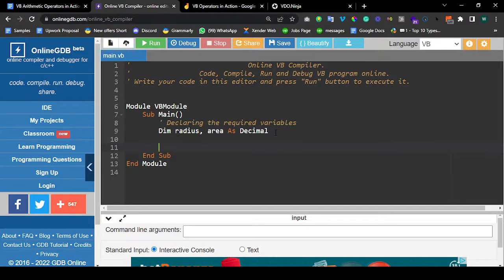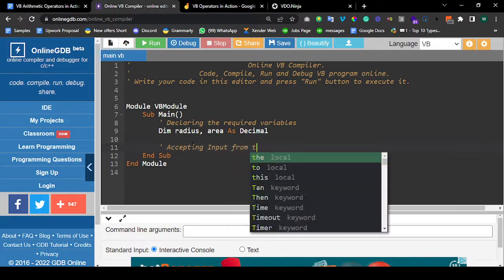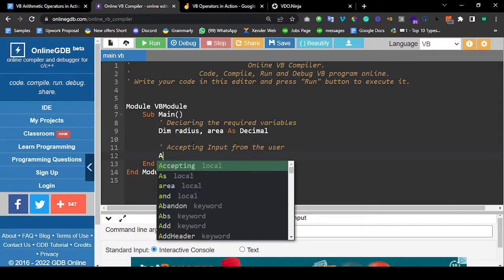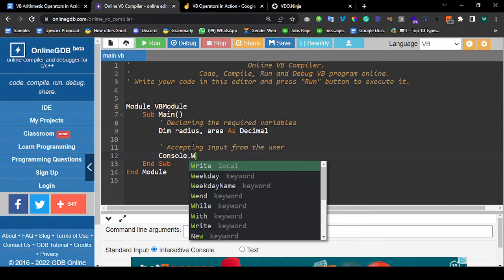So, okay, I have to accept input first. Accepting input from the user. Console dot write line.